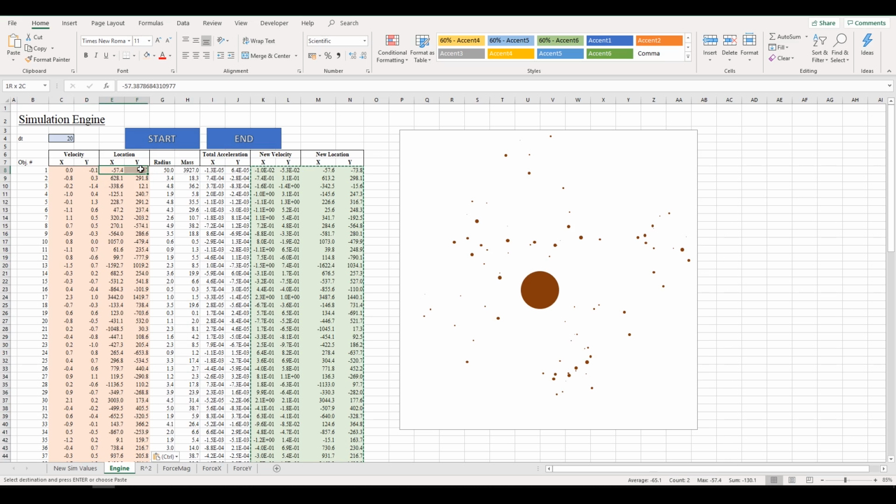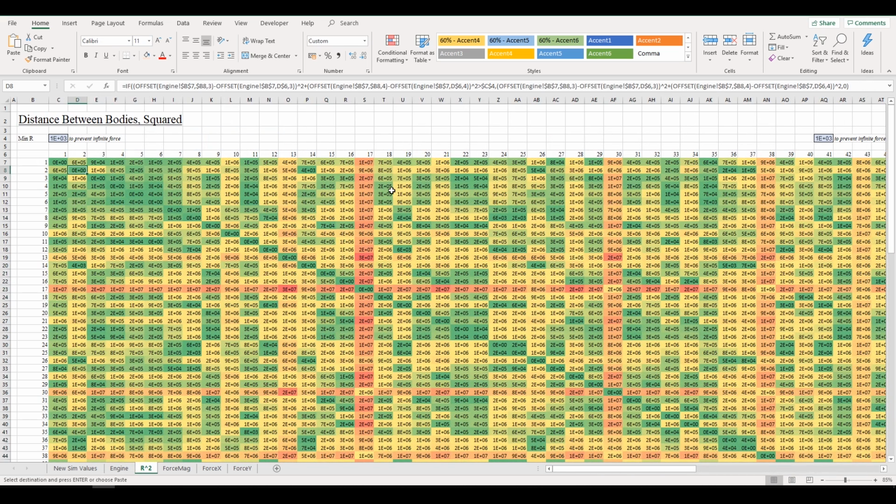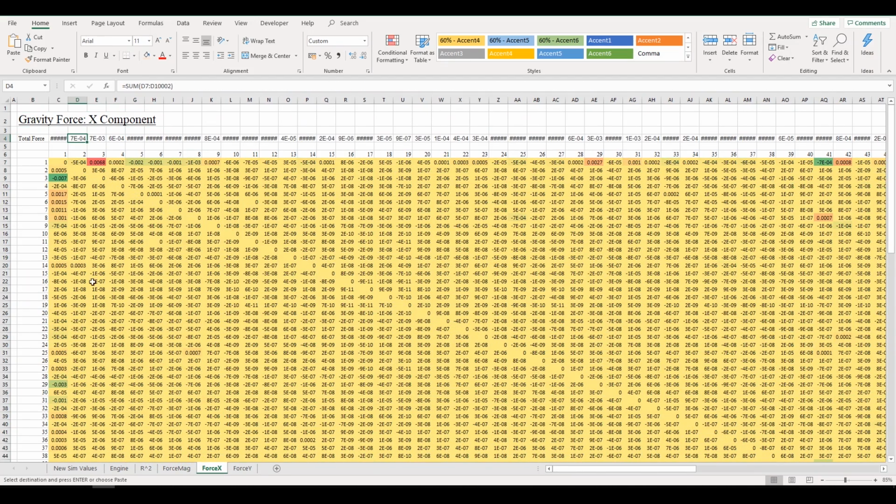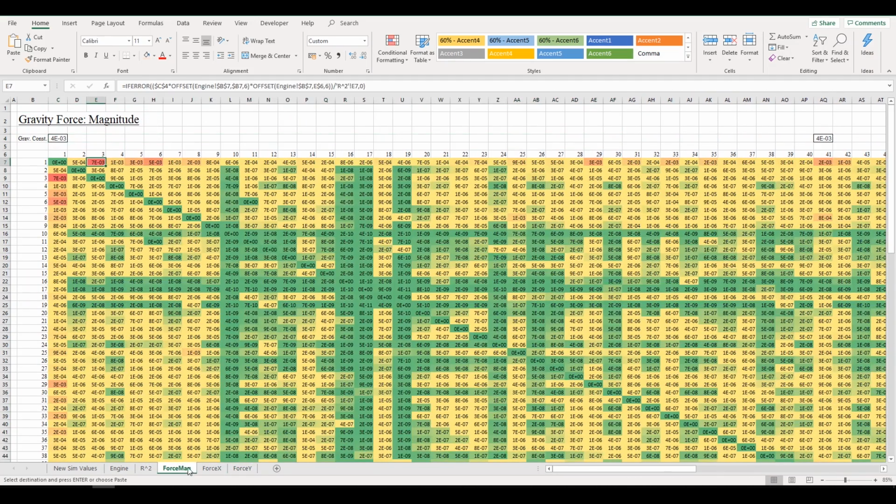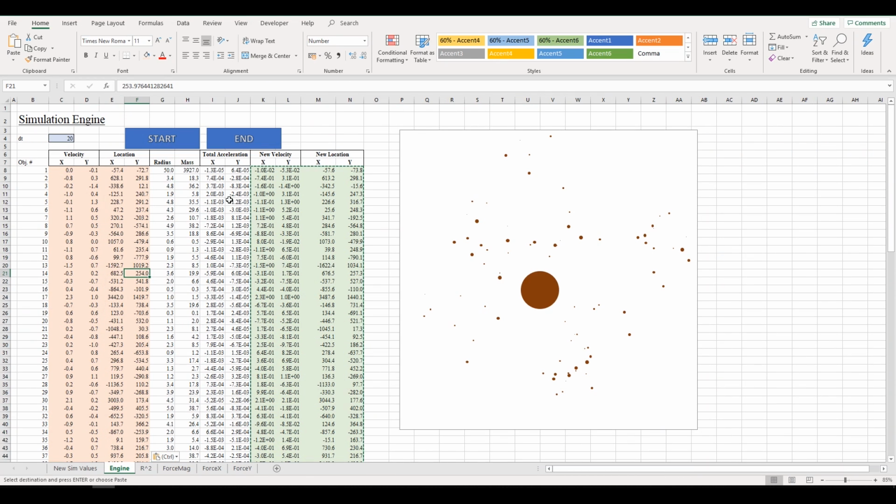Because the locations have been updated, that will give you different distances between those objects, therefore different gravity forces between those objects. That will update all of these gravity forces or accelerations, which give you a whole set of new numbers, which you can then copy and paste over here to give you your new values for the next time step, etc. That is all we do when we press the start button.